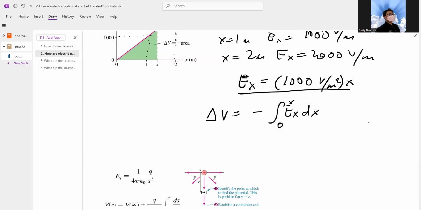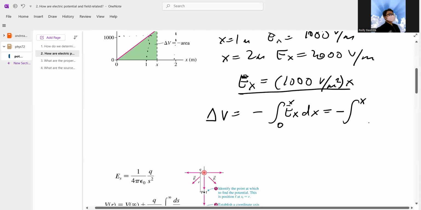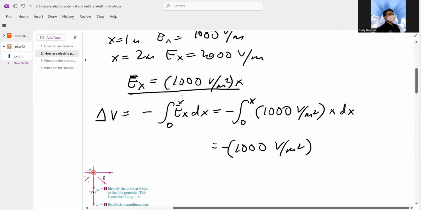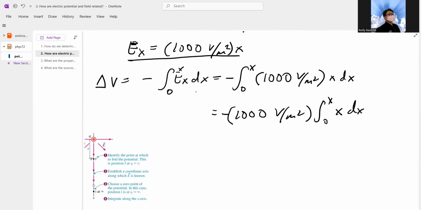So this is equal to negative integral from 0 to x of 1000 V over m squared times x dx. We put the constant outside, negative 1000, and then the integral of x dx. So this is a pretty simple integral that we have here.